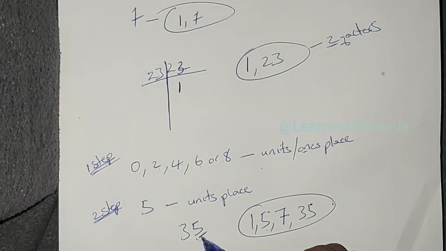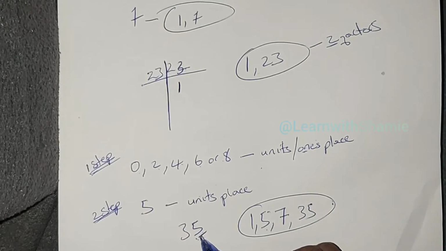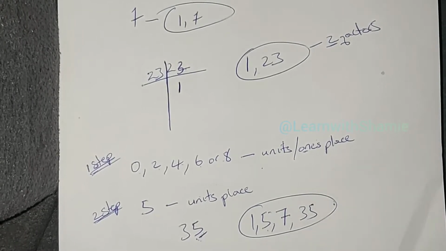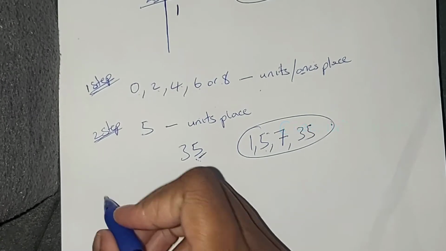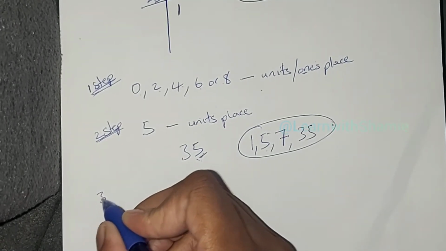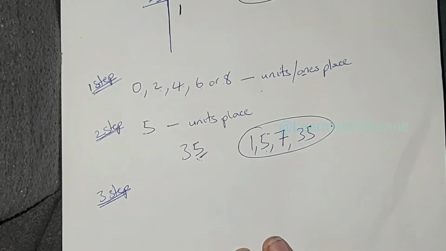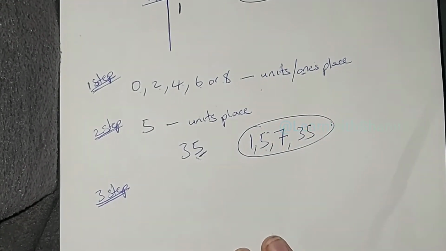So once you see a 5 in the units place of any figure, you know definitely that that figure is not a prime number.